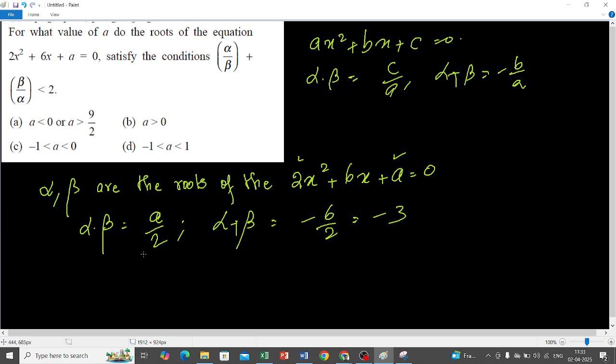Okay, so alpha into beta is a by 2, alpha plus beta is minus 6 by 2, that is minus 3. Now it is given, for what value of a does it satisfy this condition, alpha by beta plus beta by alpha less than 2?